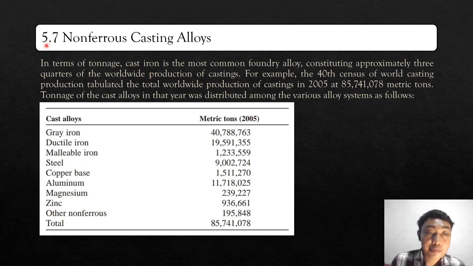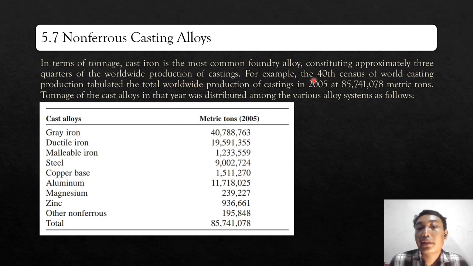Section 5.7, nonferrous casting alloys. In terms of tonnage, cast iron is the most commonly found alloy, constituting approximately three quarters of the worldwide production of castings.